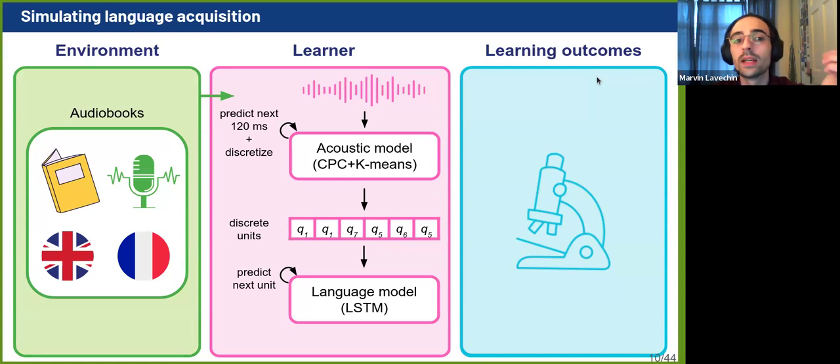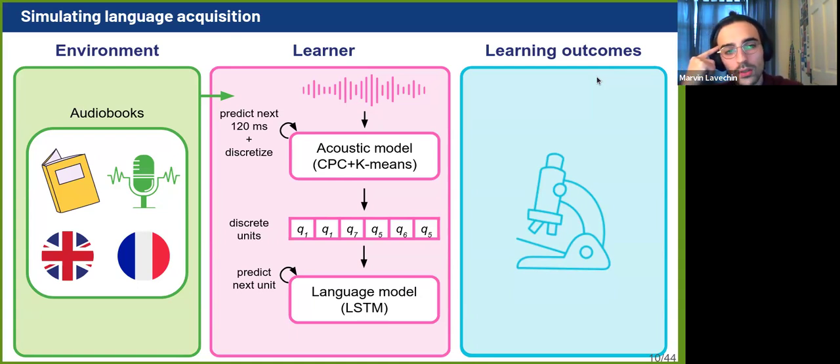Basically, the acoustic model takes the raw audio as input and outputs a discrete representation of the audio, a series of discrete numbers. Then we have the language model that receives the discrete representation of the audio as input, and that is trained to predict the next unit.